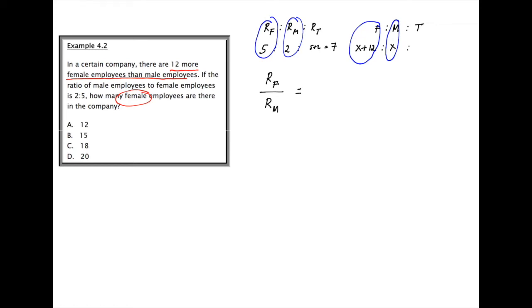So we have here female over male. You can notice that this side represents the ratio and this side represents the actual number.